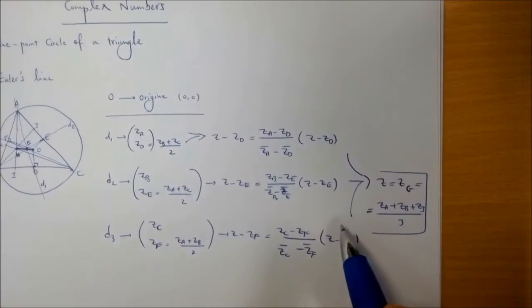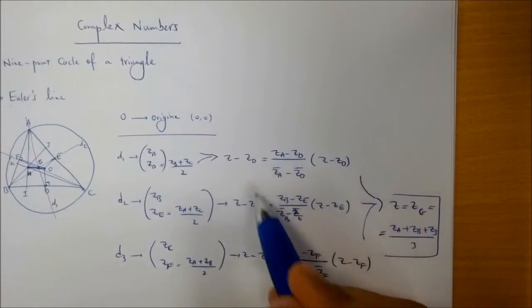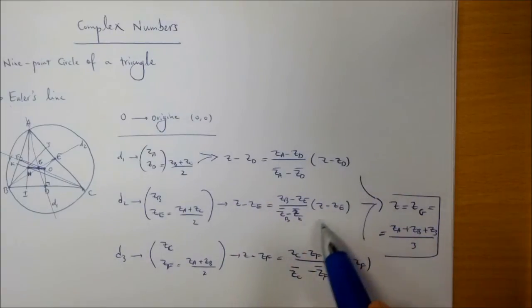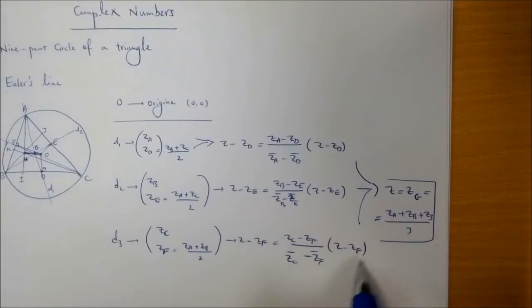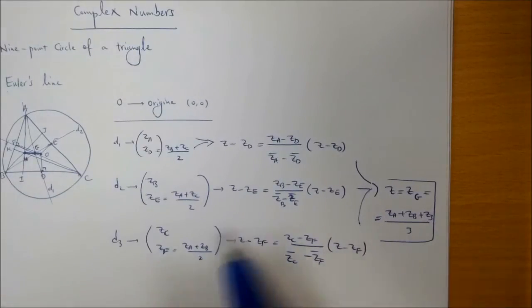This is simple because if we consider the intersection of these two lines, this will be this point, and this point will satisfy this equation.